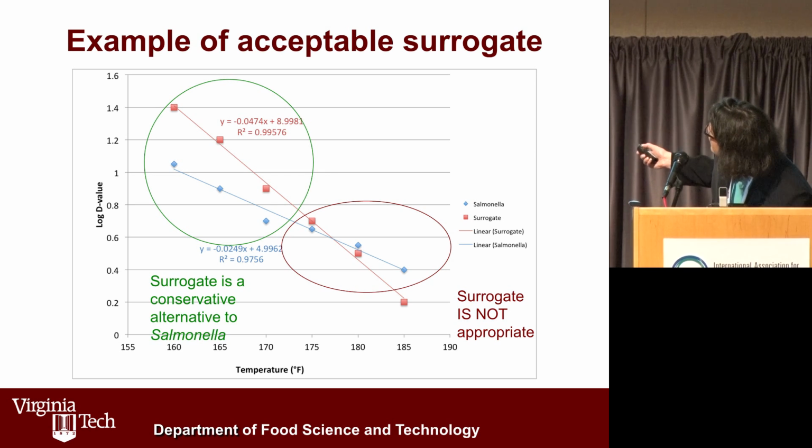So what we're talking about here is, if you look at the red squares, these are our potential surrogate being considered for validation compared to Salmonella. As you go across the X axis, this is our temperature increasing, and across the Y axis, this is our log D value, so the increase in time that it takes to have 1 log reduction of either the surrogate or the Salmonella.